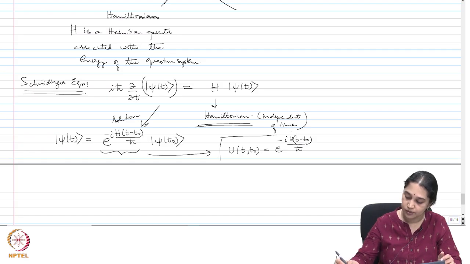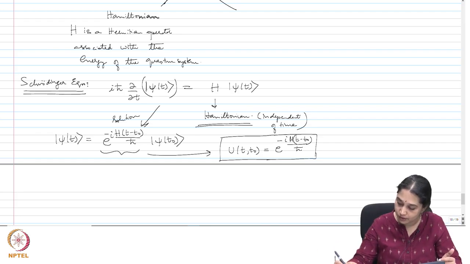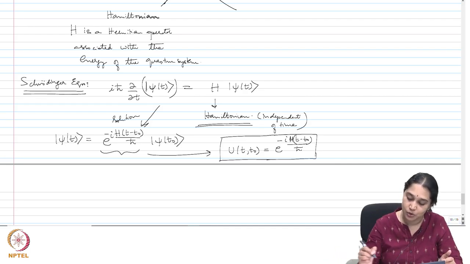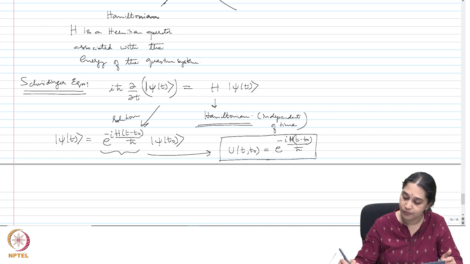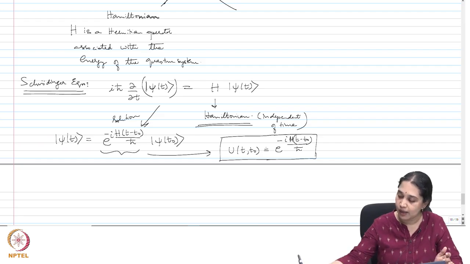You can think of this as just a remark to complete our picture, but we will not really dwell upon this or take exponents of operators. Suffice it to know that the famous Schrödinger equation, which describes time evolution of quantum systems, leads to a unitary operator as the time evolution operator, the operator that transforms the state of the system from one time to the other.